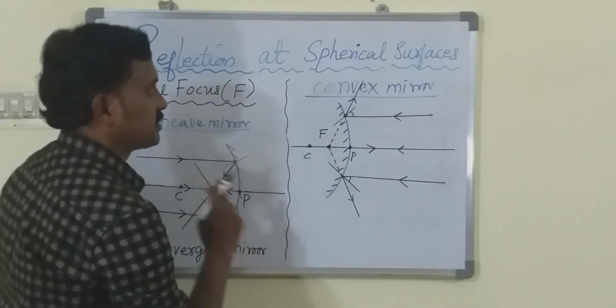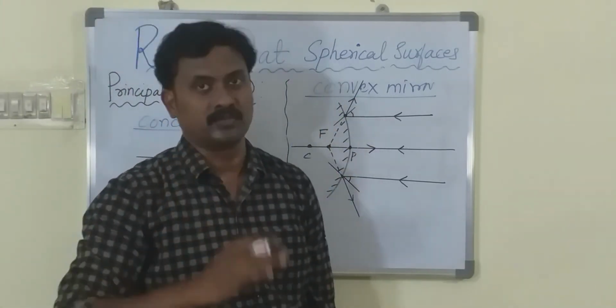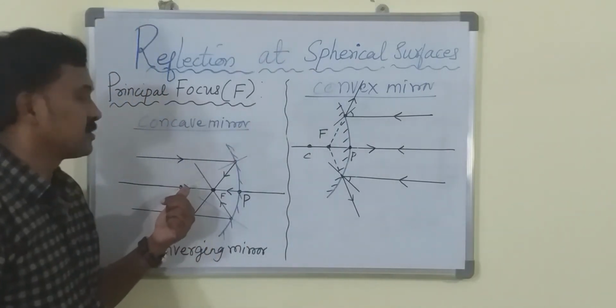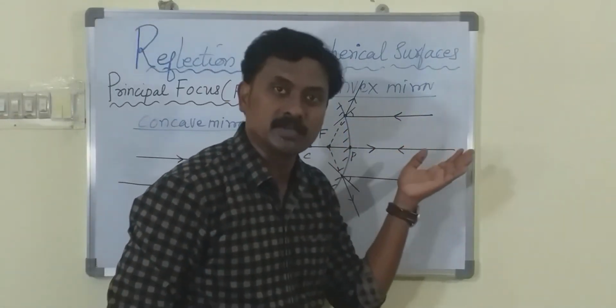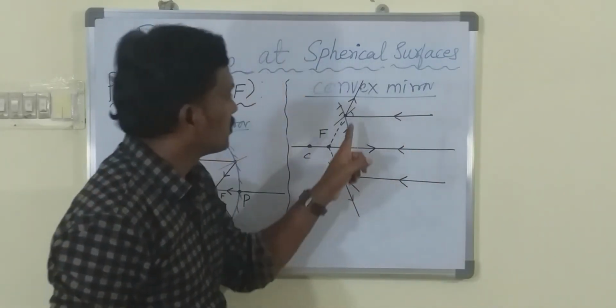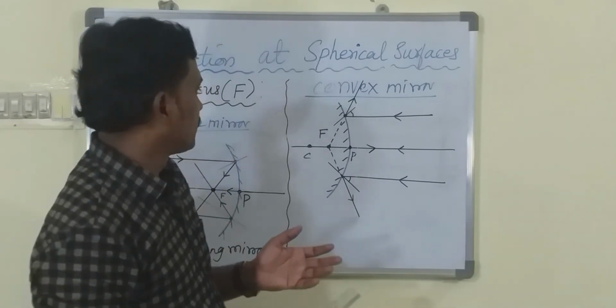Now this principal focus in case of convex mirror is called a virtual focus. The principal focus of concave mirror is called a real focus. The principal focus of convex mirror is a virtual focus. Why? Because the reflected light rays are not actually meeting. Right?